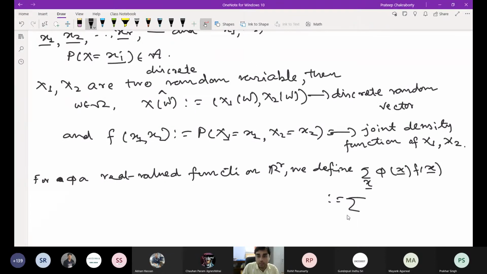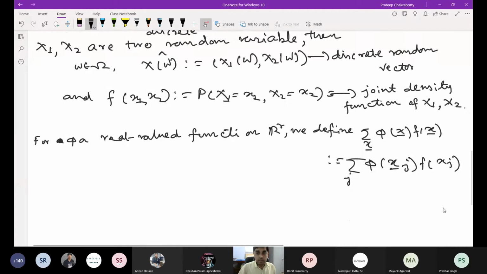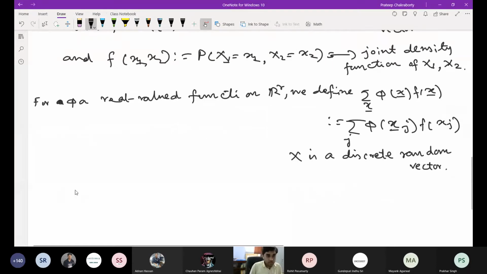We are taking the summation over all the values of this discrete random vector X. So this we define. Up to this we did in the last class, where X is a discrete random vector. So from here we will start today's class.